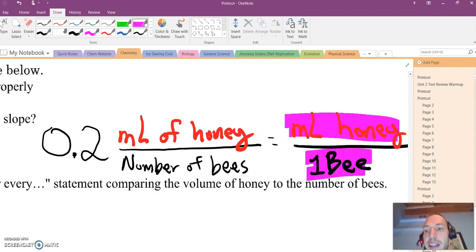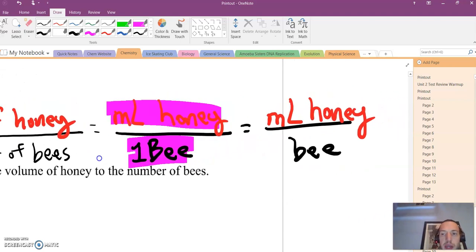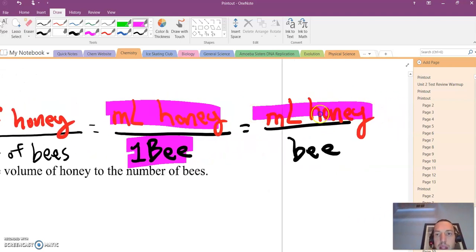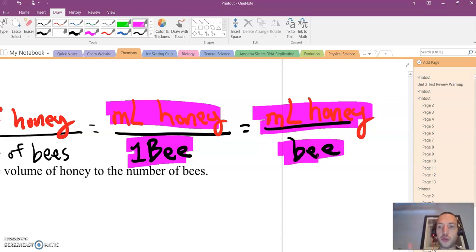To make it even simpler, you can say milliliter of honey over B to show that it's just 1 bee. Or you can also say milliliter honey per bee. And now we're going to translate this into a for every statement to help you better understand what these units in combination with the number actually mean.